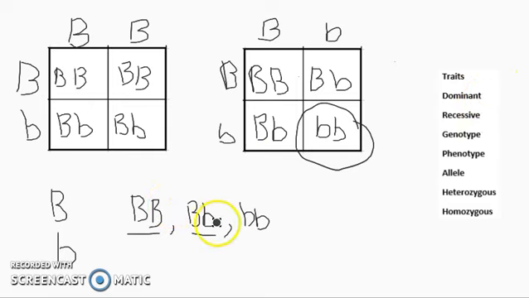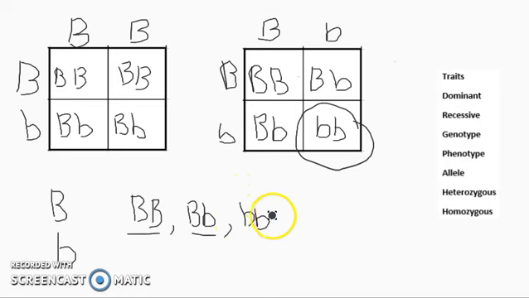So in this case, the dominant allele is capital B, which stands for brown. Again, maybe not the best example because brown and blue both start with B's, and you'll see this later. But anytime the capital B is present, since it's dominant, it will be expressed. Recessive is only expressed in the absence of a dominant allele. Right? So only if I have two recessive alleles together in a genotype.